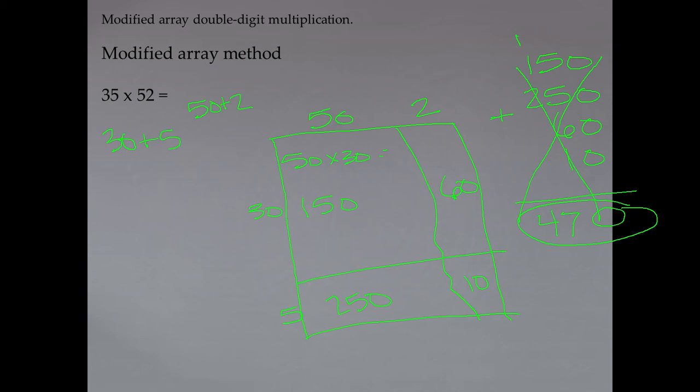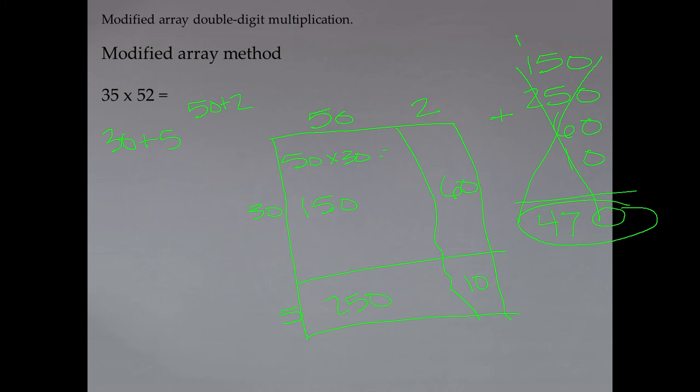So this one I think is correct. 2 times 5, that's my basic multiplication fact. I know that's 10. 50 times 5. Well, I know 5 times 5 is 25. So if I am doing it in tens, I need to make sure that my tens place is represented. Yep. So 250.